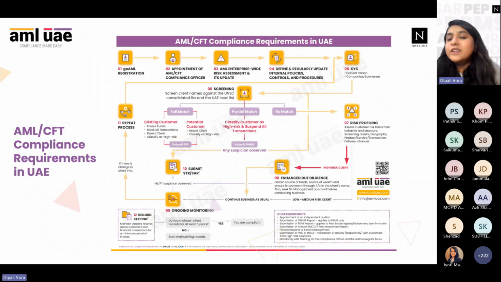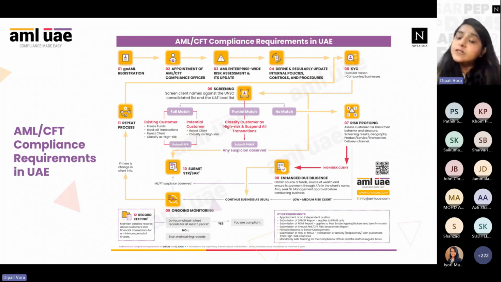After this is completed, we will then be in a position to bifurcate our customer database into 3 categories: low risk, medium risk, or high risk. Depending on the risk category that is assigned, we will apply the due diligence process.